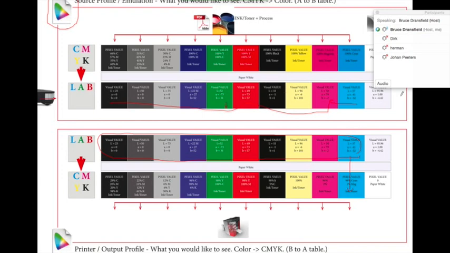So we can see here, I don't think we can zoom in, we have the same LAB value, but we have different CMYK values to make that happen on the output. So this concept of source and output profile is 100% key to a digital controlled digital output.